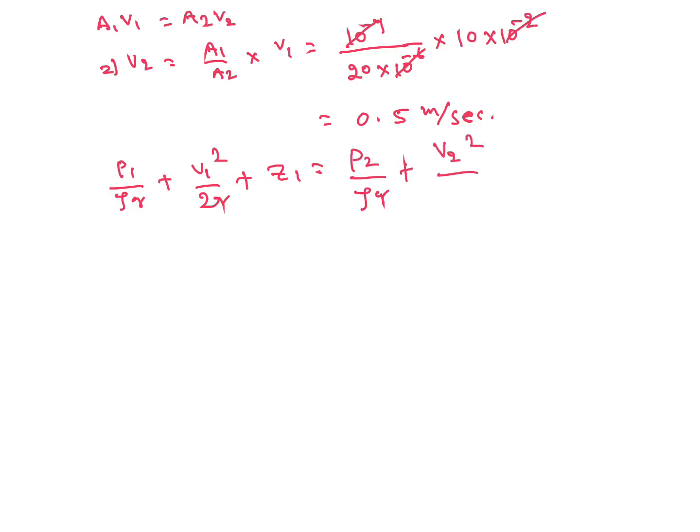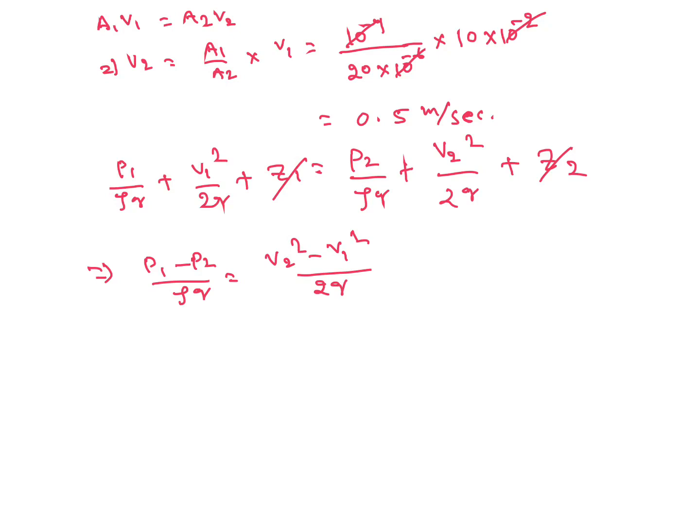Here Z1 and Z2 are the same, so P1 minus P2 by rho g equal to V2 square minus V1 square by 2g. G cancels.